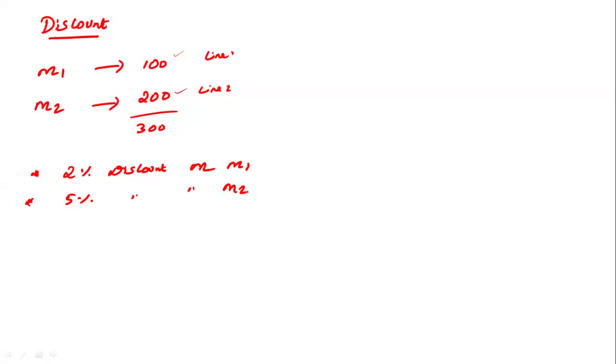Now, when he gives this option to us, this becomes 98, this becomes 190, and the total value of the PO will be 288. This is one option.